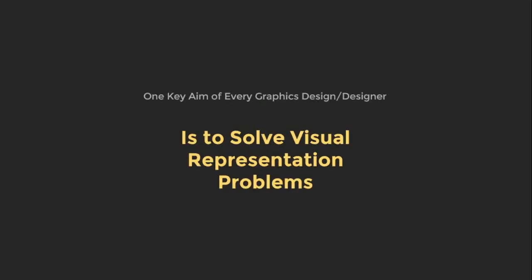And of course, to have a very nice visual composition, we must understand that every visual composition is meant to solve a problem. And that's one key aim of every graphic design project or every graphic designer: to solve visual representation problems. Talk about branding, talk about starting up a business, where you have to correct reputations and impressions created by bad designs.